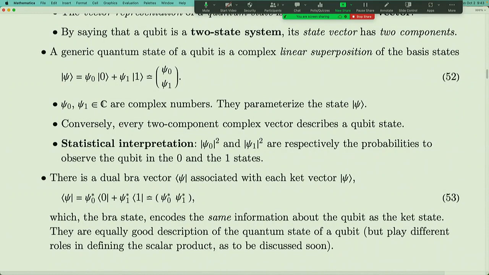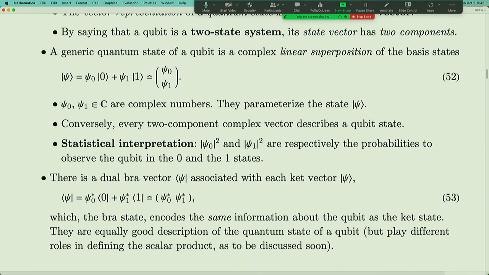But now you may wonder, what's the meaning associated with these complex numbers? Why do we need to encode the information in this way? It turns out there's an interesting statistical interpretation: the absolute value squared of psi 0, the modulus squared, and the absolute value squared of psi 1. These two numbers are both positive numbers.